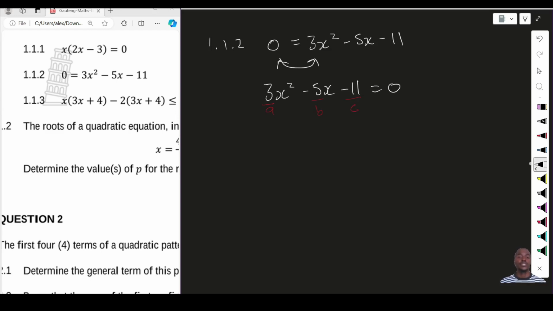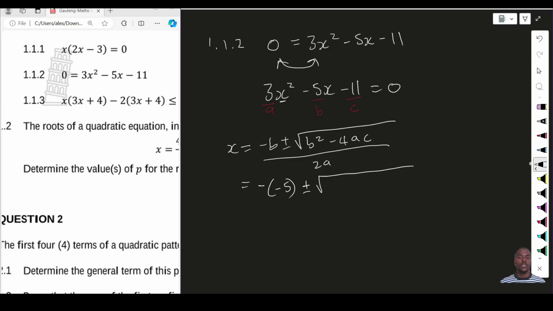Then you use the quadratic formula. The quadratic formula says, since we're looking for x, x is equal to minus b plus minus the square root of b squared minus 4ac, divided by 2a. Then we go to our A, B, and C. So x is equal to minus minus 5 plus minus the square root of minus 5 squared minus 4 times 3 times minus 11.